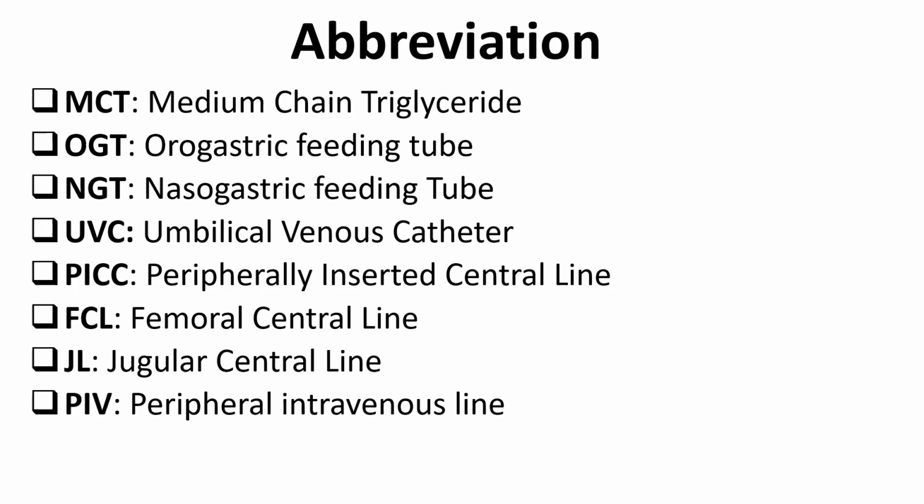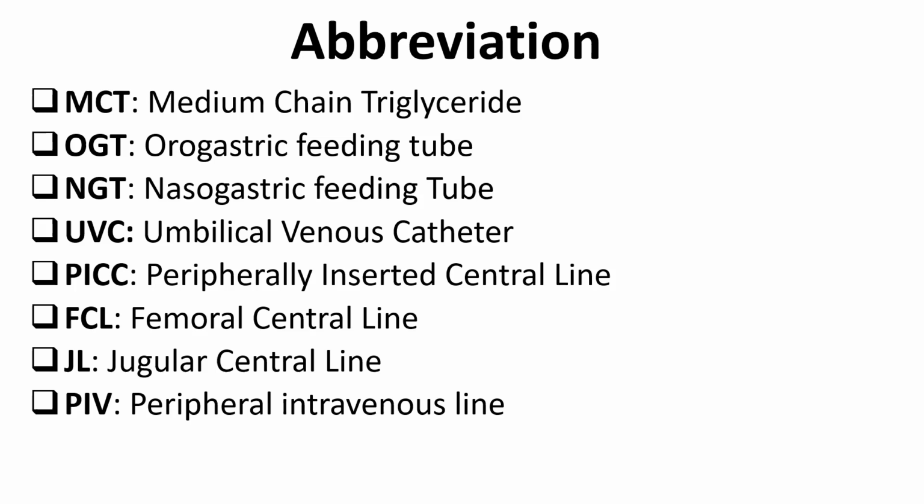Okay? And then we have the OGT, which is orogastric tube. That's a feeding tube passed to the stomach through the mouth. And we have the NGT, which is the nasogastric tube. It's a tube passed through the nose to the stomach. We have umbilical venous catheter. And we have the PICC line, very important, peripherally inserted central line.